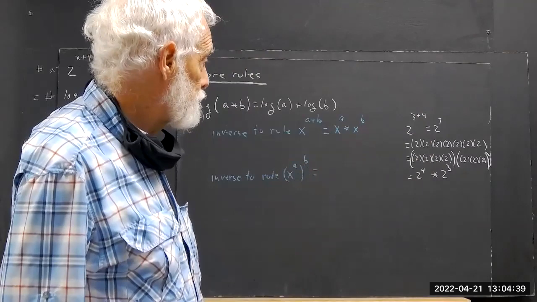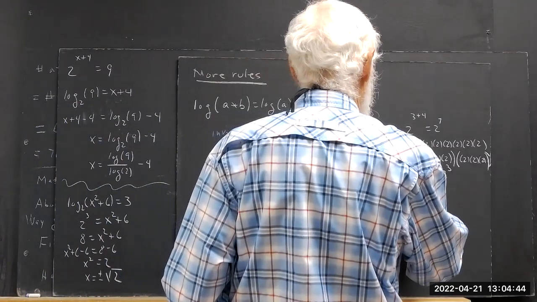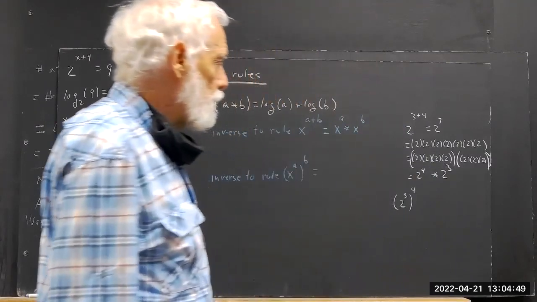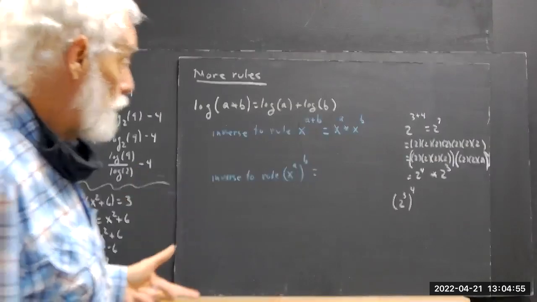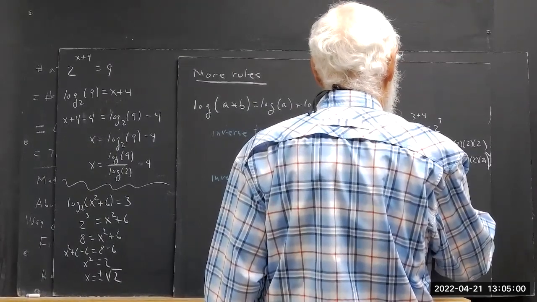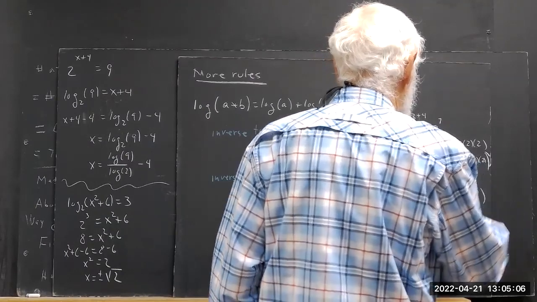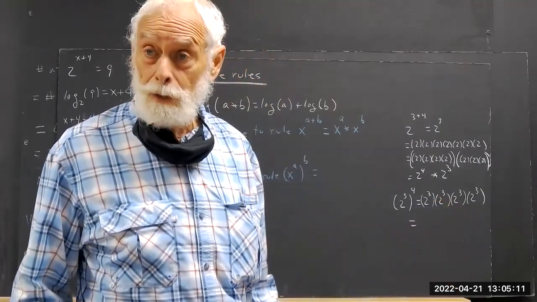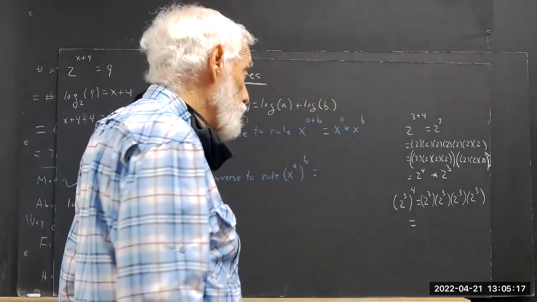Now, what about this one? What's 2 to the 3rd to the 4th mean? Just using 2, 3, and 4 again. Well, multiply 2 to the 3rd 4 times, right? 4 terms, or 4 factors, each one being 2 to the 3rd.